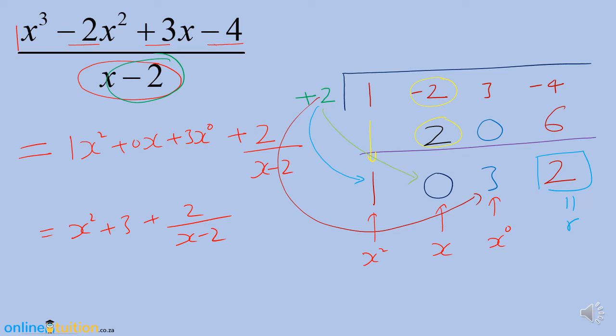Another way of writing this, from what I told you yesterday, was it yesterday? Yes, it was yesterday. What did I tell you? We can take these polynomials and write x cubed minus 2x squared plus 3x minus 4 is equal to, if I multiply throughout by x minus 2, x squared plus 3, into x minus 2, plus 2. Let me write that down for you.